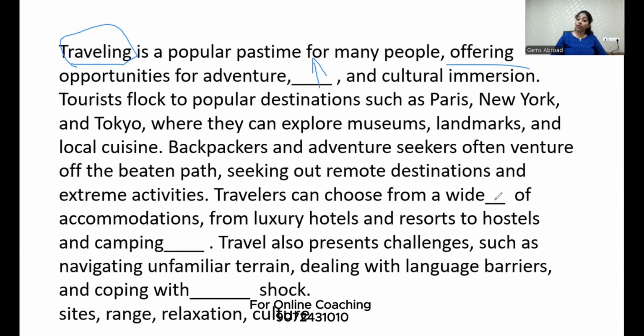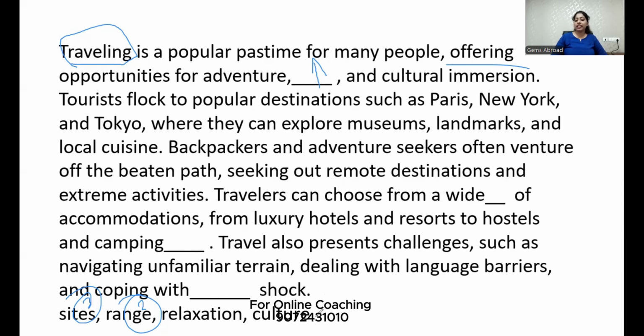Travelers can choose from a wide range, not limited, it's unlimited, of accommodations from luxury hotels and resorts to hostels and camping sites. Travel also presents challenges such as navigating unfamiliar terrain, dealing with language barriers, and coping with dash shock.